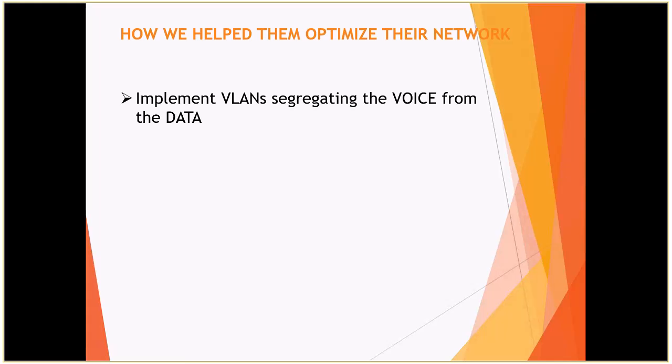We helped them implement VLANs to segregate the voice and the data. This is very important because not only is it good for troubleshooting, but it also helps the network administrator determine if the end device is a phone or a PC, because they're separated. And because it's implemented, you can perform QoS to limit the data and prioritize the voice.